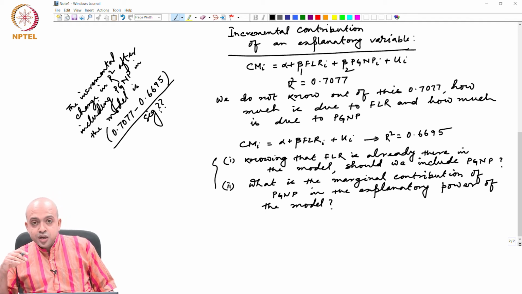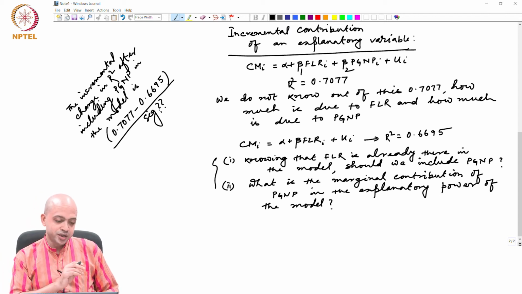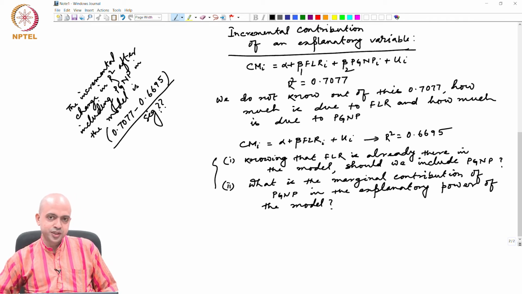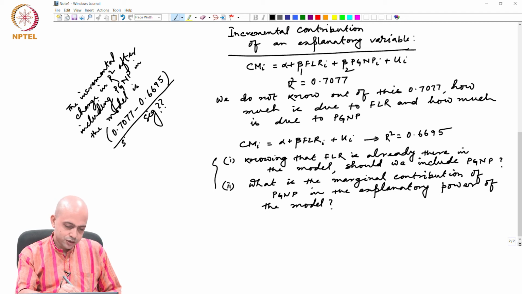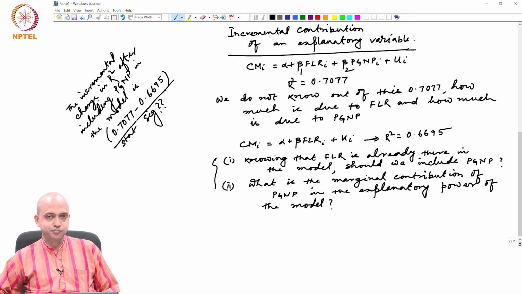So, the marginal contribution of PGNP to the explanatory power of the model is 0.7077 minus 0.6695. The question here is whether the difference between these two is statistically significant or not. How will you do that?